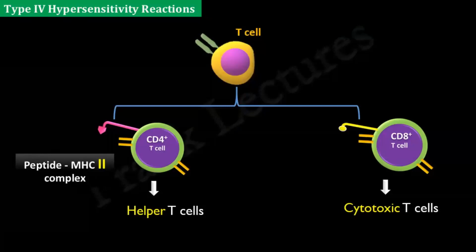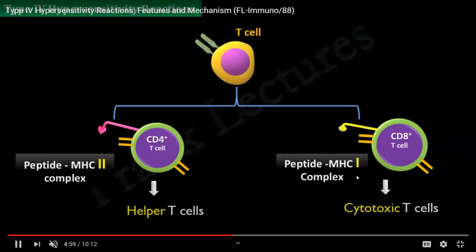Only when it forms a complex with MHC2 will it be identified by CD4 positive T cells. And when the antigen is with MHC1, that complex is identified by CD8 positive T cells.